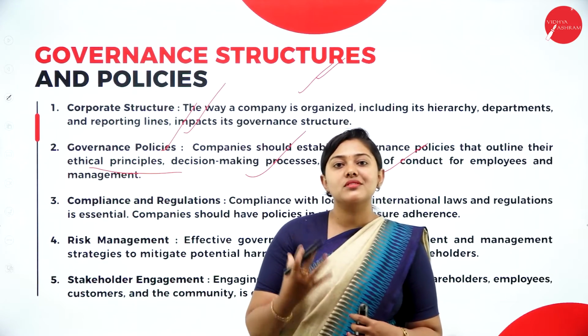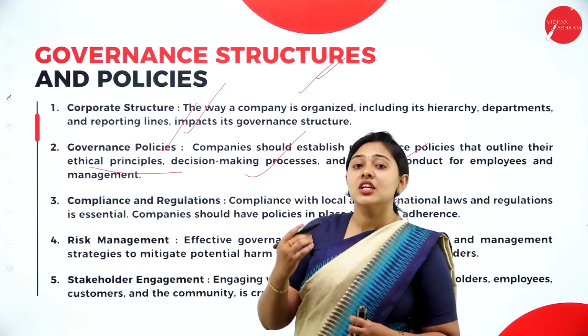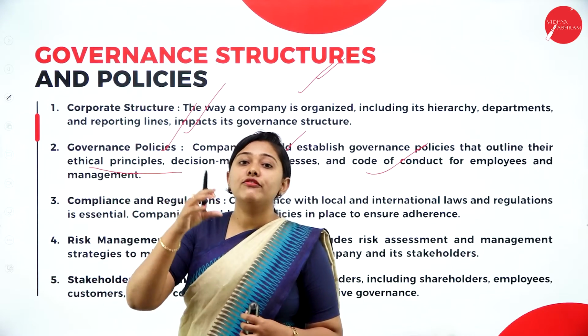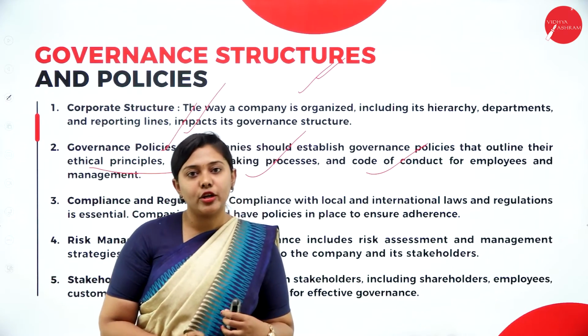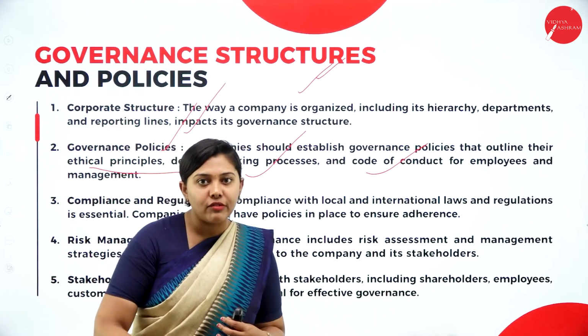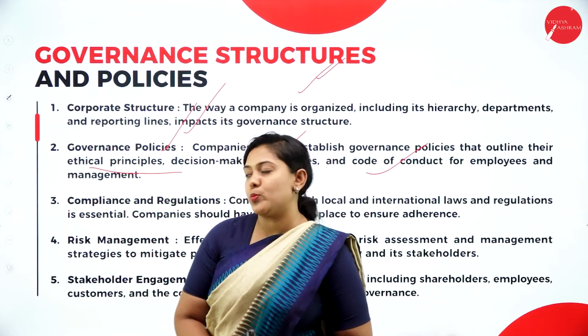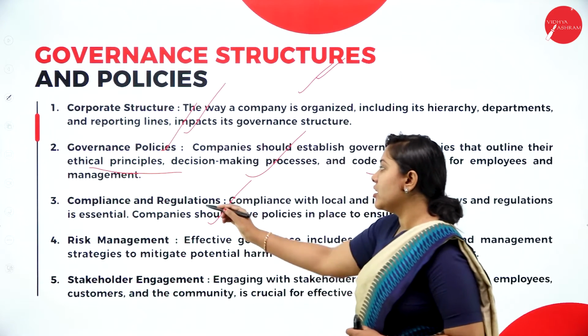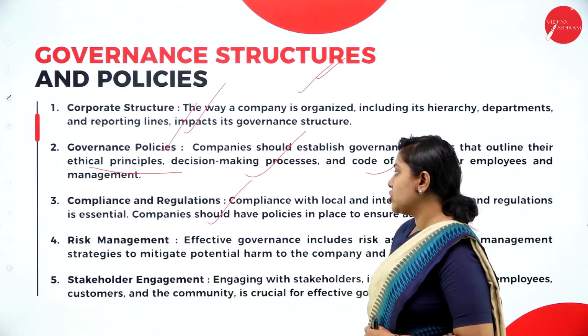So when you are taking up decisions, rules and regulations have to be ethically followed. The rules and regulations they adopt have to be in favor of employees and management.